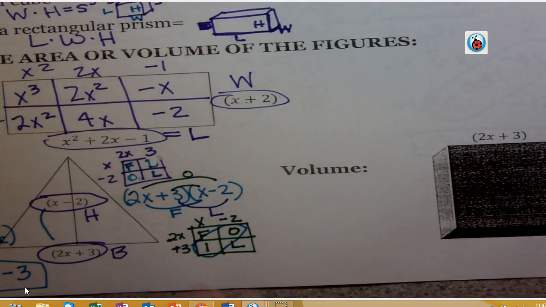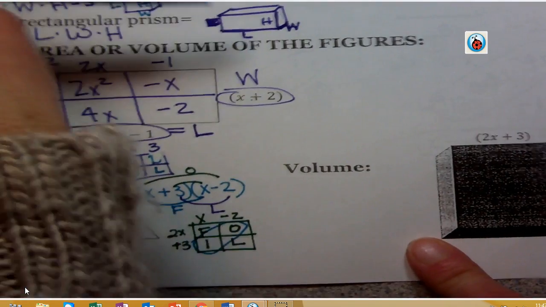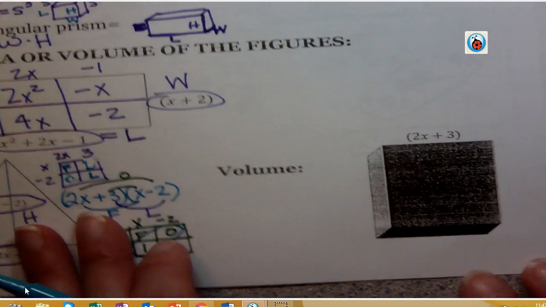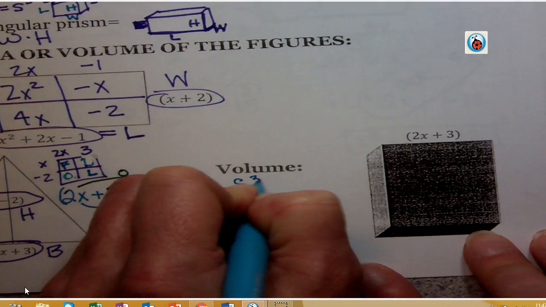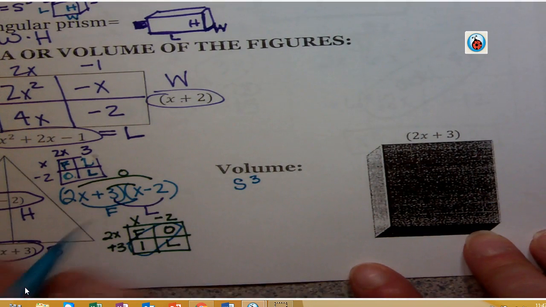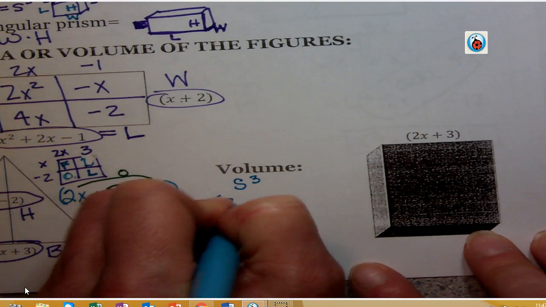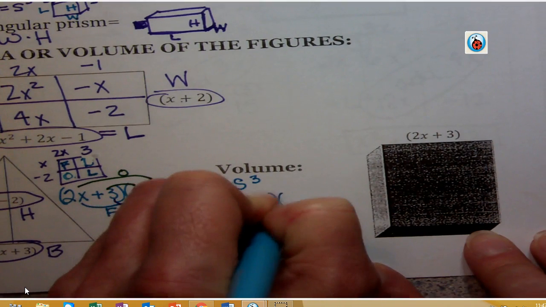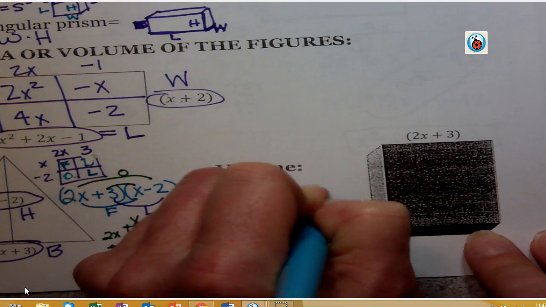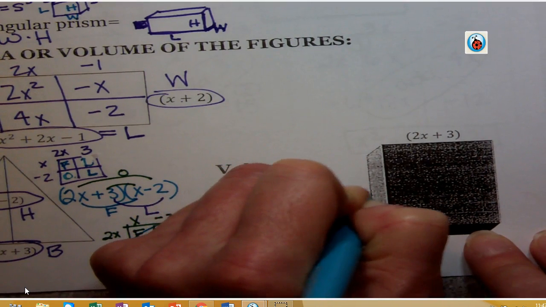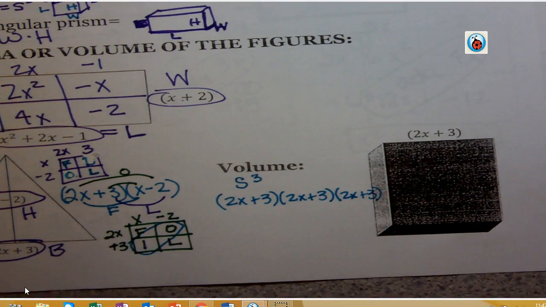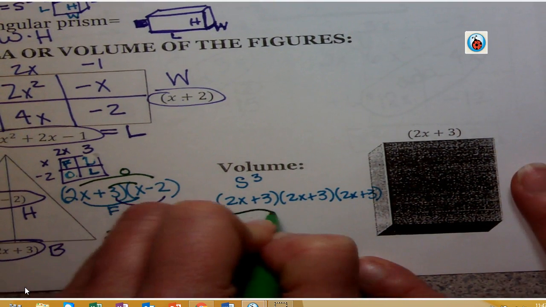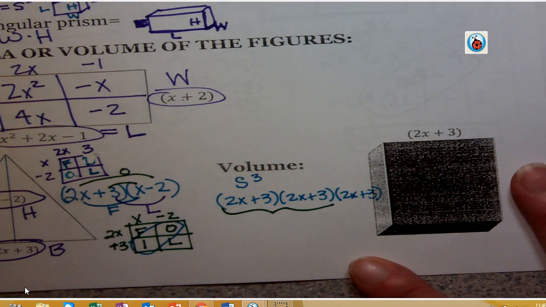All right, now doing the volume. We're going to do this just like we did a challenge question, because we know that the volume is each side cubed. So that's going to be 2x plus 3 times 2x plus 3 times 2x plus 3. So in order to get that, we need to first multiply those out.